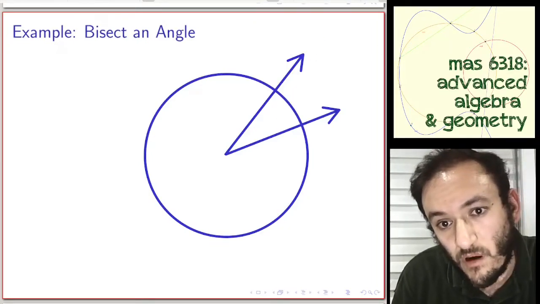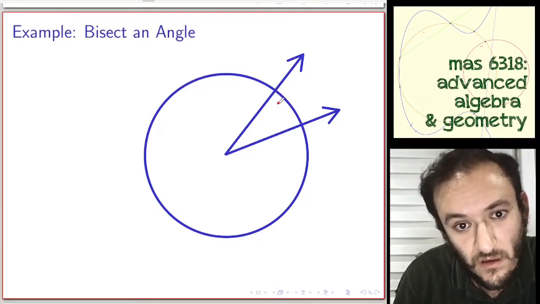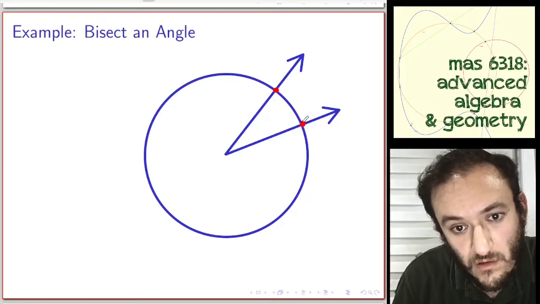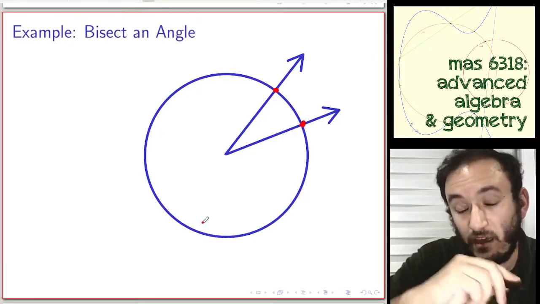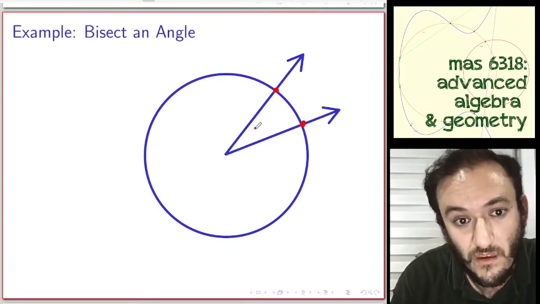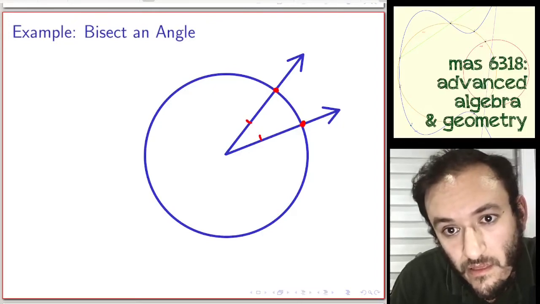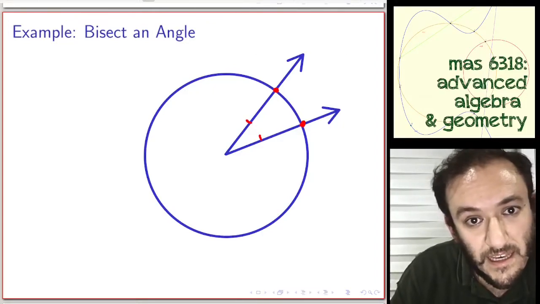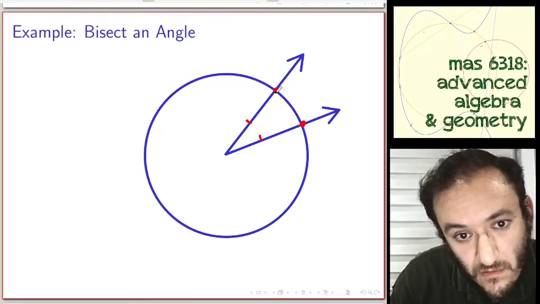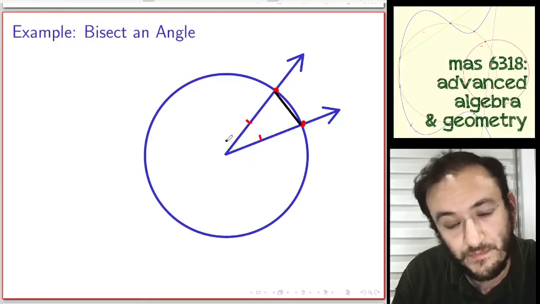This will mark off two equal line segments from the origin until those two red points. So these two lines are equal. That means that if we draw this line segment, we're looking at an isosceles triangle.